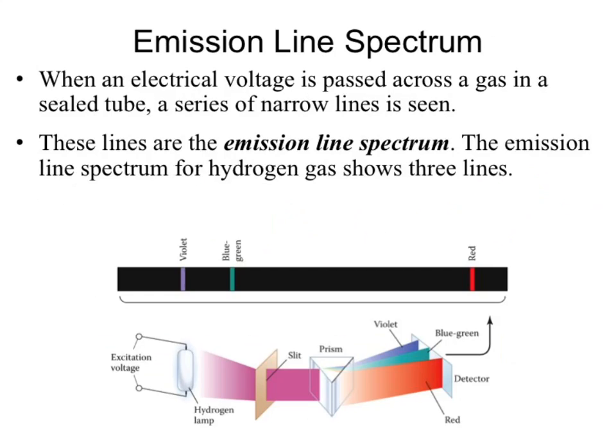What Bohr actually saw was not that. In the case of hydrogen, instead of seeing the full rainbow spectrum, he only saw 3 colored lines. Okay, and he took this to mean something very important. What he said was that instead of a continuous random mass of different energies, there's very distinct energies.